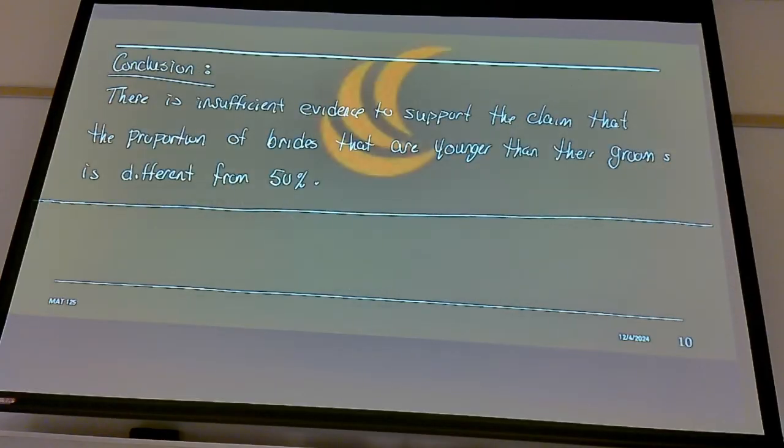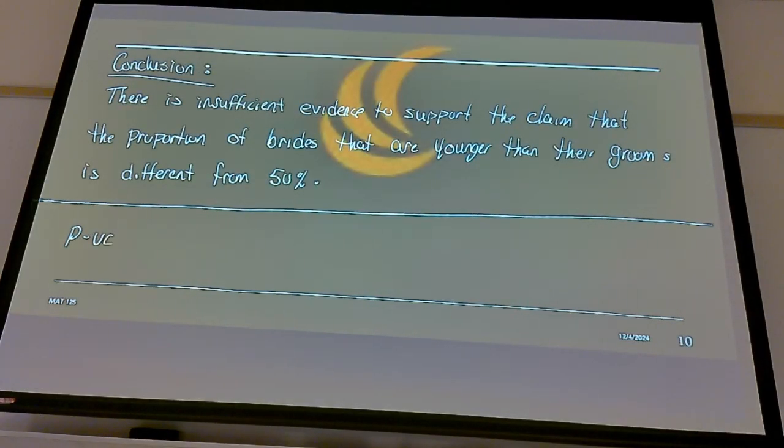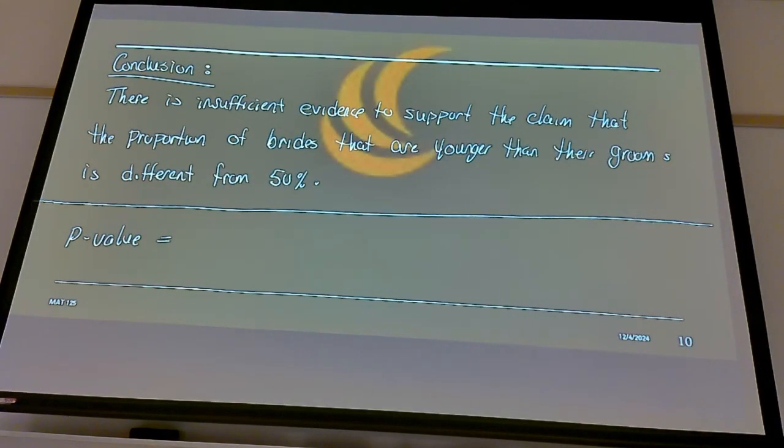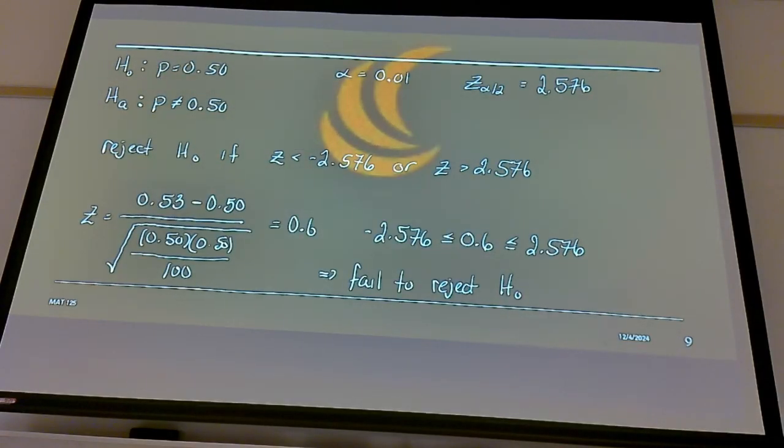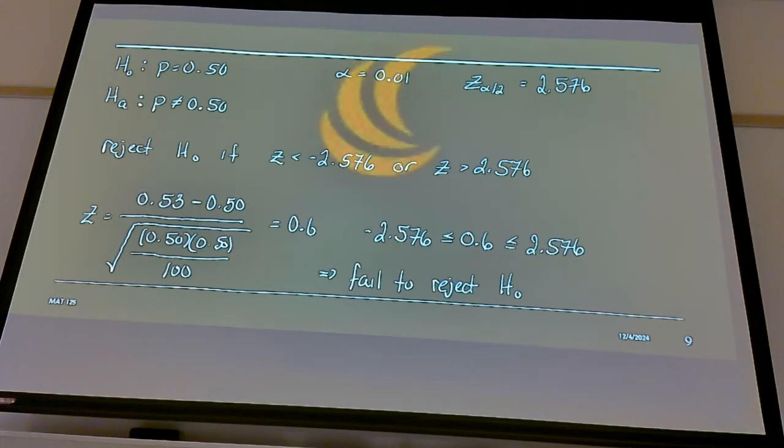Here's how you find the p-value without technology. What was the test statistic? 0.6. This is a two-tailed test, right?